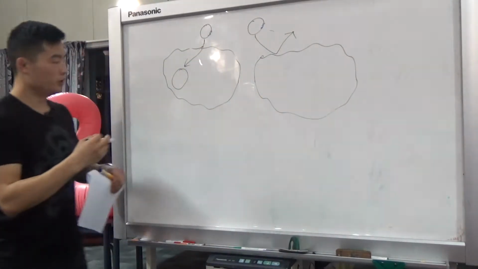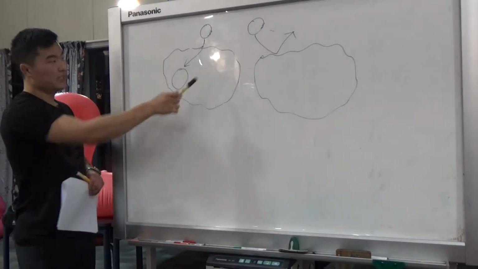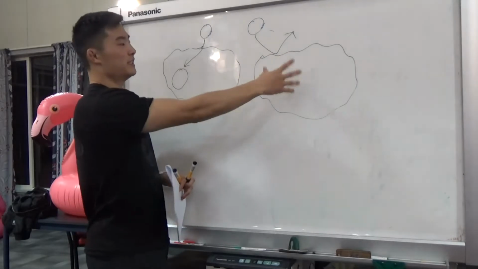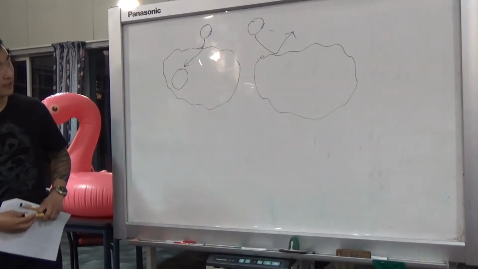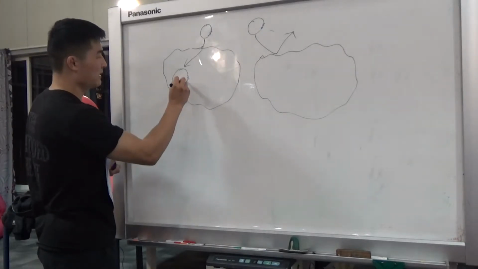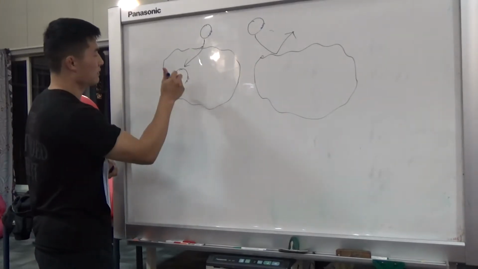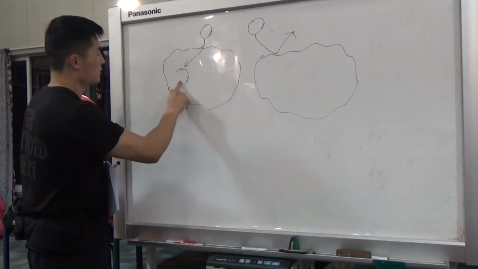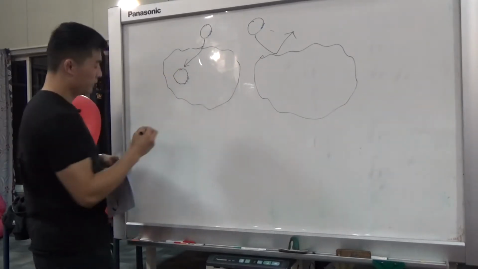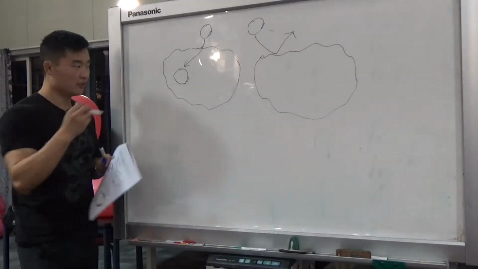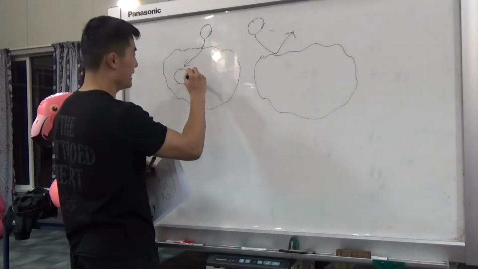So here's two bacterial cells. This cell has taken up the plasmid, while this cell has not taken up the plasmid. So this plasmid has that antibiotic resistance gene, and that antibiotic resistance gene is going to be transcribed, right?